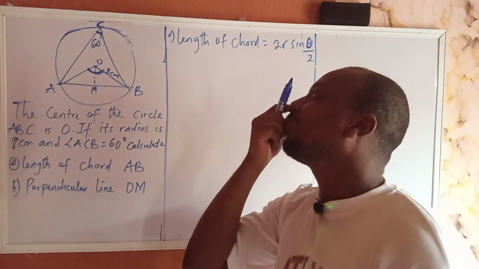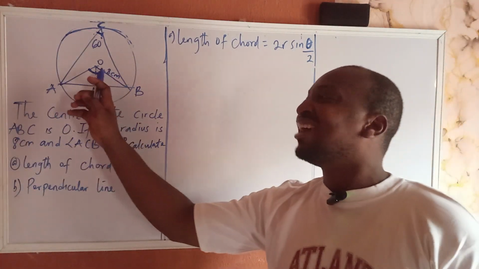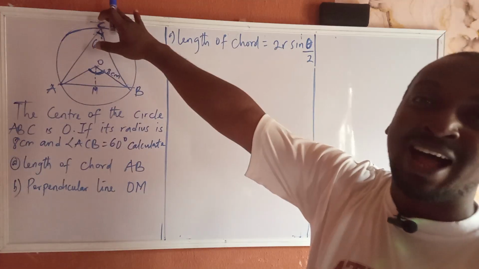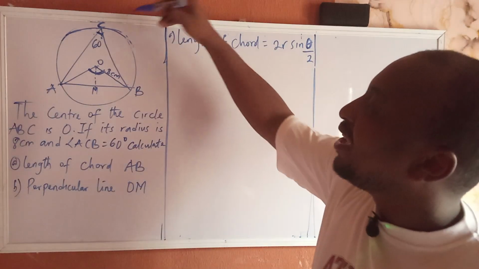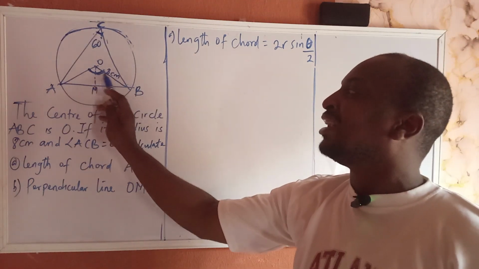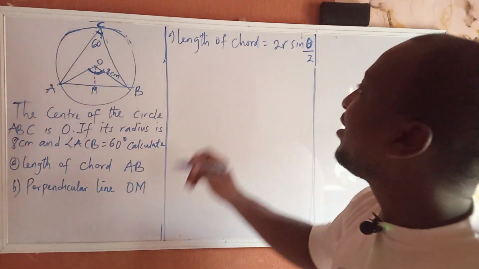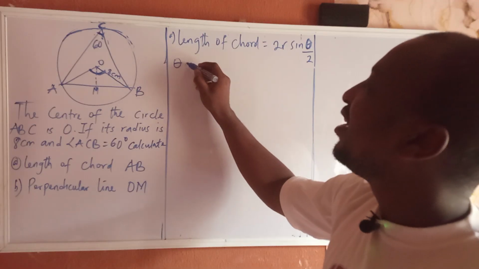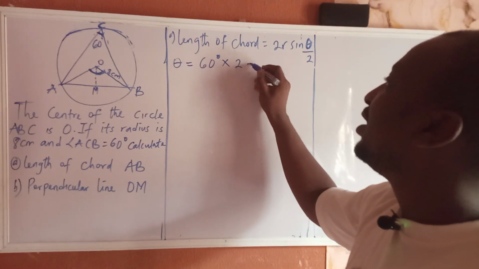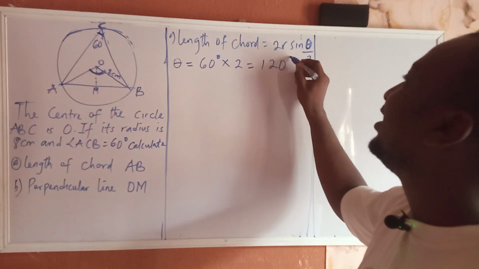The first theorem says the angle subtended at the center of the circle is twice that which any part of the circumference subtends. That means twice this angle will give me the angle subtended at the center O. So theta is 60 degrees times 2, which is 120 degrees.